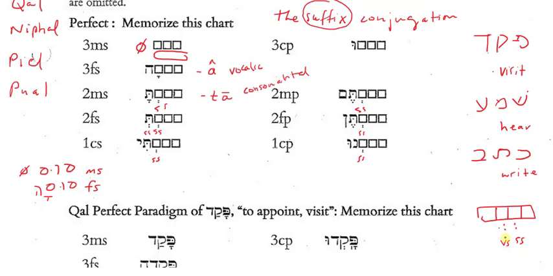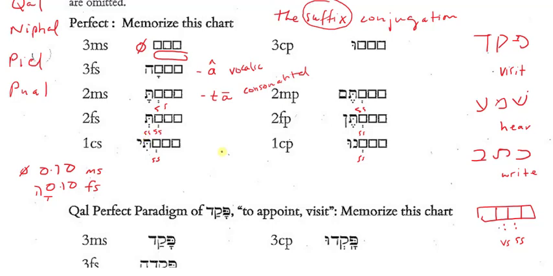I never put the two shavas in the last two slots under the last two consonants. I've always told you if there's two shavas in the middle of the word, the first one's silent, the second one's vocal. But if you ever have two shavas at the end of a word, guess what? They're both silent.